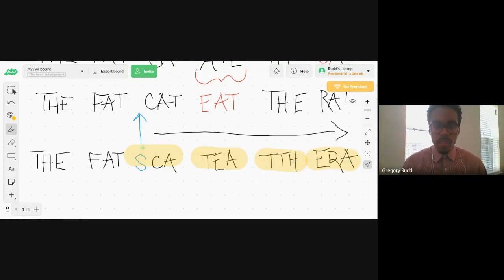They're all messed up because I put in a new letter right here. I still had to read in a codon. I still had to read in groups of 3. So now this becomes ska instead of cat. This becomes T instead of eat. This becomes TTH instead of the. This becomes era instead of rat. So the sentence doesn't make sense anymore. I started off as the fat cat eat the rat, and I became the fat cat ska t to era.